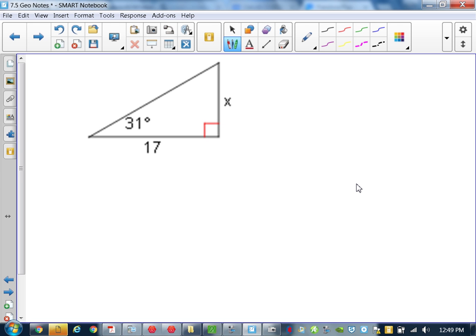So draw your diagram. Draw your diagram and start labeling like we have been. So I start by circling my 31. Your angle always is looking at the side opposite you.